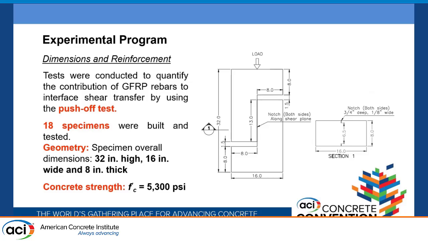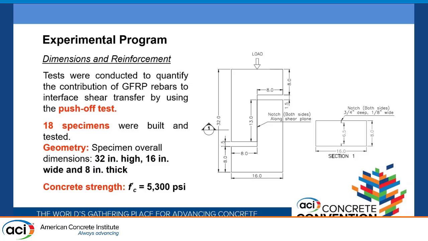Tests were conducted to quantify the contribution of GFRP rebar to the interface shear transfer by using the push-off test. So in this picture you can see the overall geometry of the specimen. 18 specimens were built and tested.